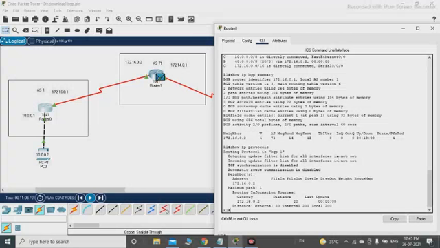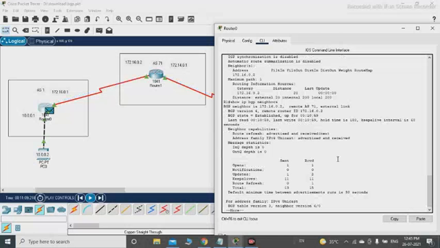Apart from that, we can check the neighbor status also with the command show ip bgp neighbors. We can see the BGP neighbor is mentioned here with remote AS 71.